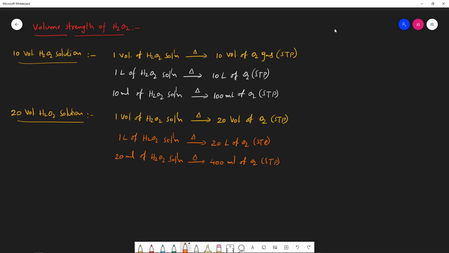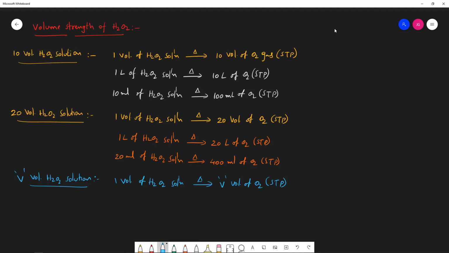And finally, we will take a generalization. Say for example, I am taking the volume strength of H2O2 as V. So I am considering a sample of H2O2 solution which is labeled as V volume strength. That means 1 volume of this sample H2O2 solution upon heating is going to liberate V volume of O2 gas at STP conditions.